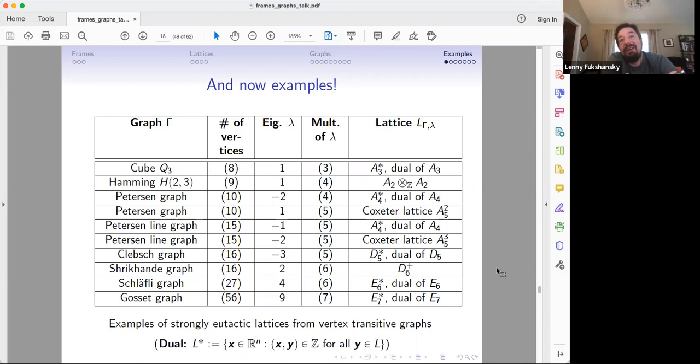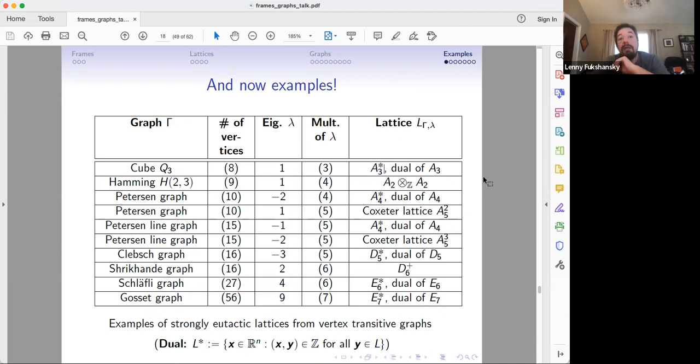Here are some simple examples. The cube graph, Q3, is a graph of 8 vertices. It has rational eigenvalue 1 of multiplicity 3. Therefore, it produces a 3-dimensional lattice. The lattice it produces is A3 star.